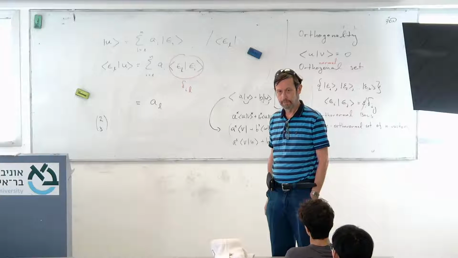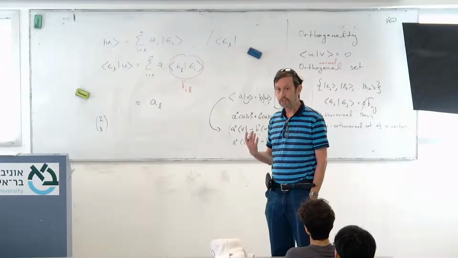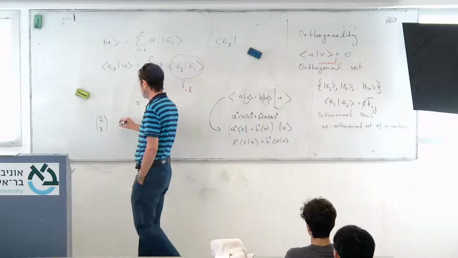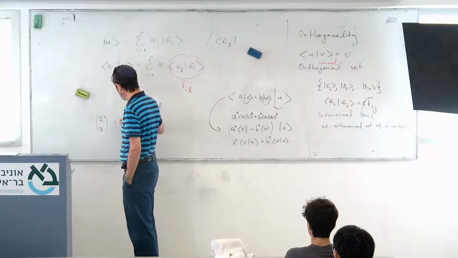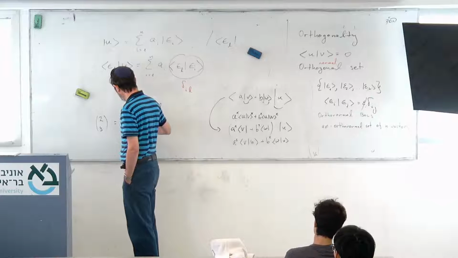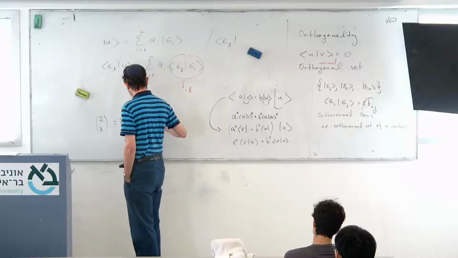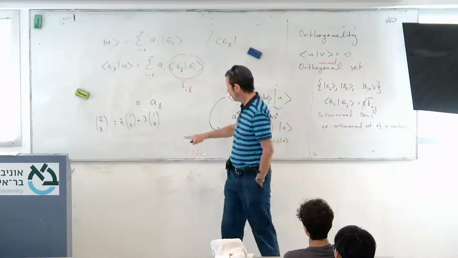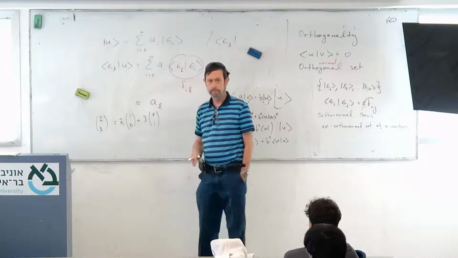It means, in the regular representation, 2 times (1, 0) plus 3 times (0, 1). Okay?